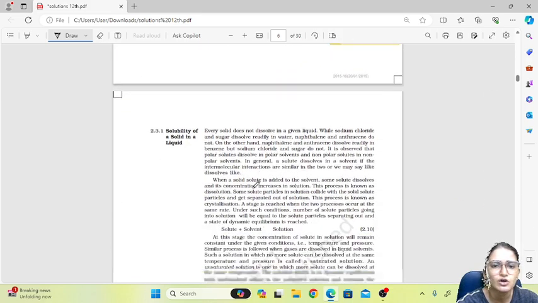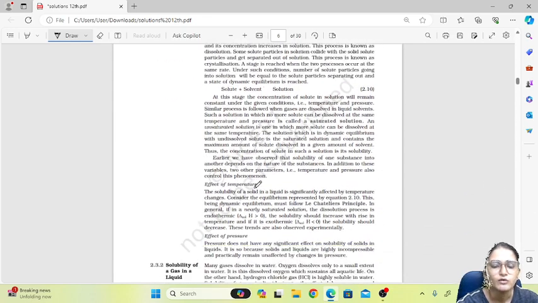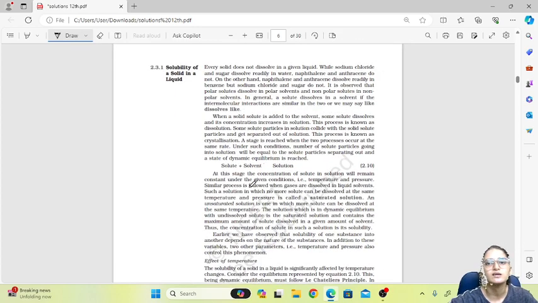Now next is about the solubility of a solid in a liquid. We know about the solubility of solids in liquids because we do these experiments at home also, when we mix sugar in water or salt in water.